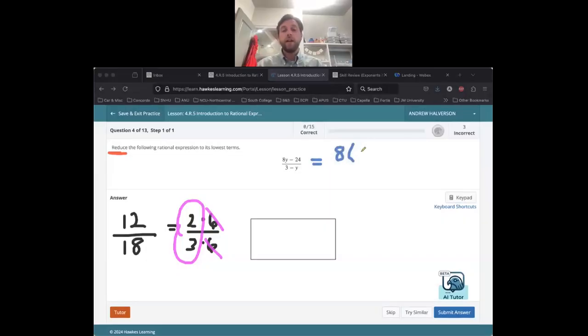Pull out an 8, and you get y minus 3. Now the bottom is 3 minus y. Doesn't it look almost identical to this? What's the only difference? It's 3 minus y instead of y minus 3.